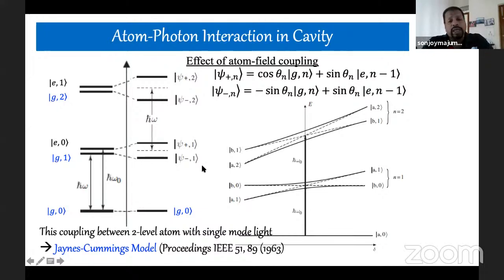I'd like to stop here and, in the next class, explain a more realistic scenario where you have quasi-classical light, which means laser light, inside a cavity, and see the beautiful phenomena from that, along with some laser cooling and trapping. That is tomorrow's last class.